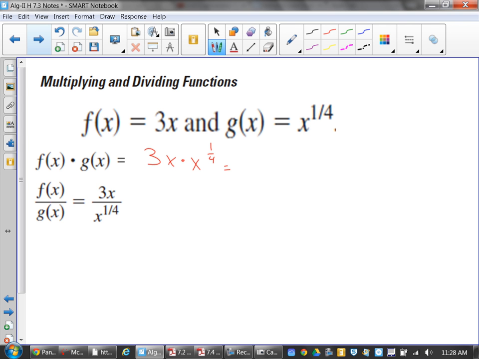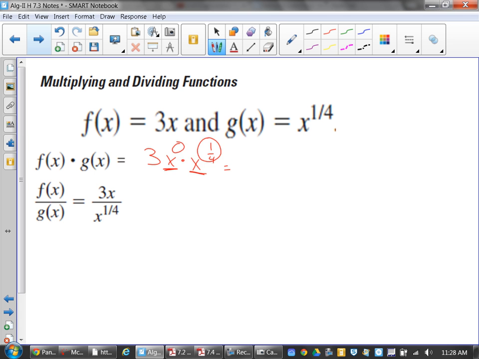So in this case here, I had the same base with different exponents and I'm multiplying. What do I do with my exponents? Yeah, so you went up to 3x to the 5/4. Were you okay with that? How do you get 5 again? 1 plus 1/4. See how I have the same base, different exponents?